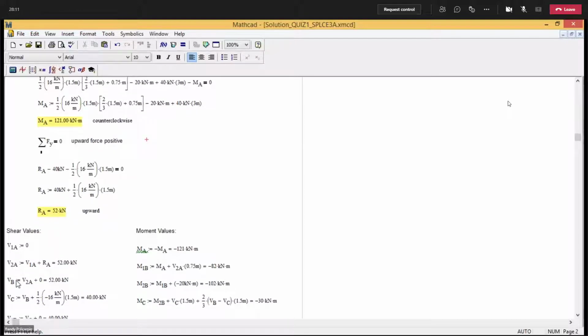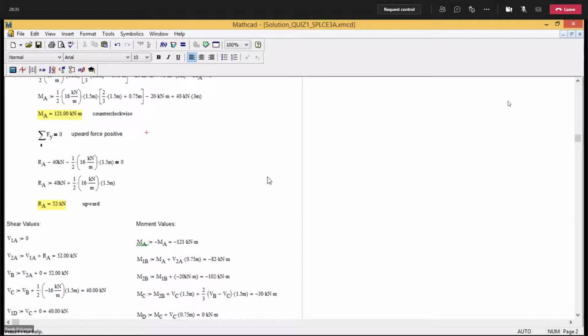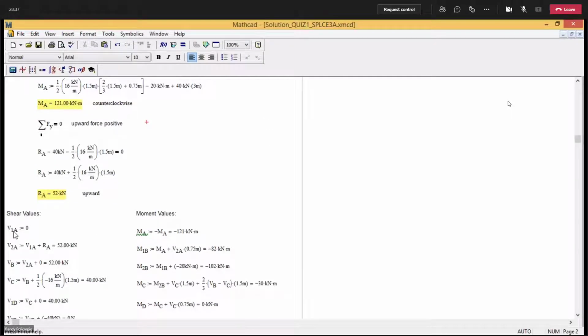Now, the second consideration at point A in determining your shear: you're going to add to your first shear, V1A. Actually, in mechanics of deformable bodies, my symbol here is a positive sign, but using MathCAD, I cannot put a positive sign here, because MathCAD questions it as my designation.